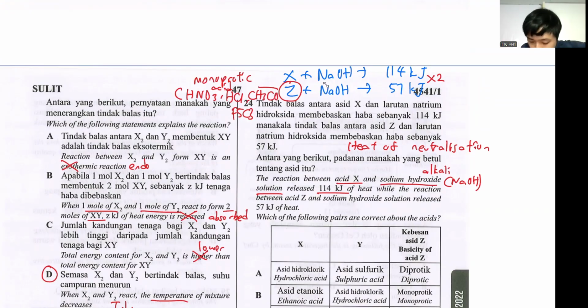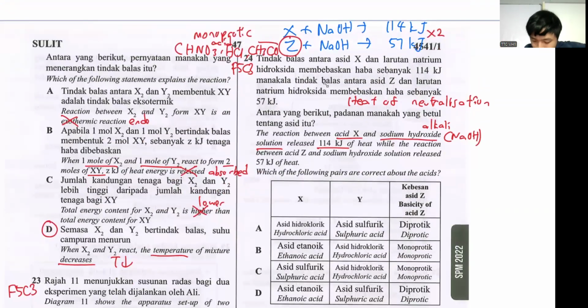But I don't think it's even CH3COOH in this case, because normally 57 kilojoule means already strong. Both are strong acids.